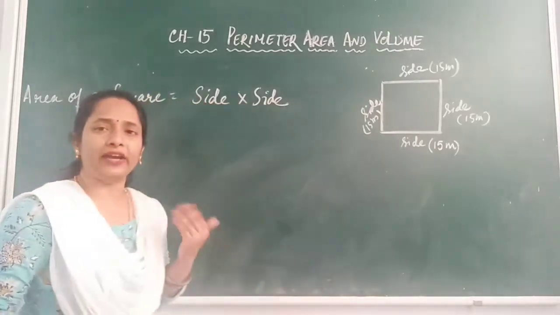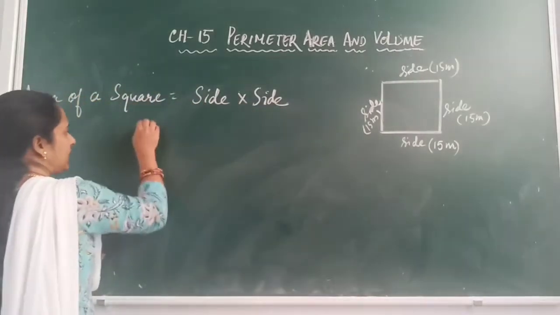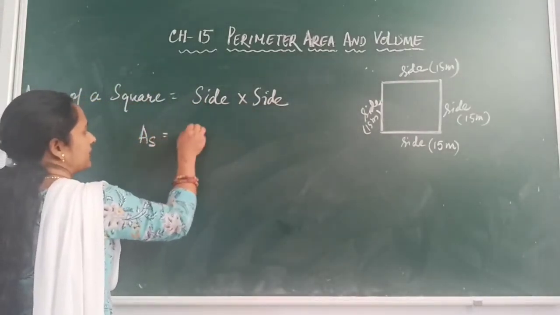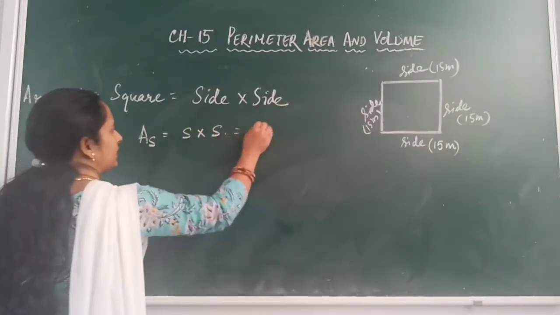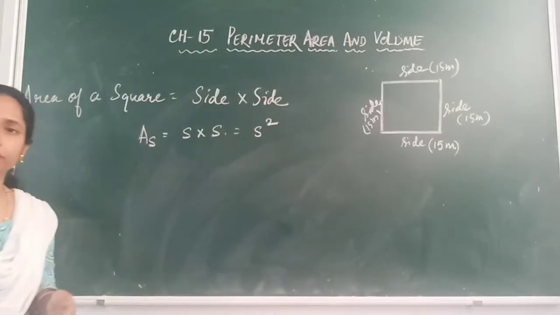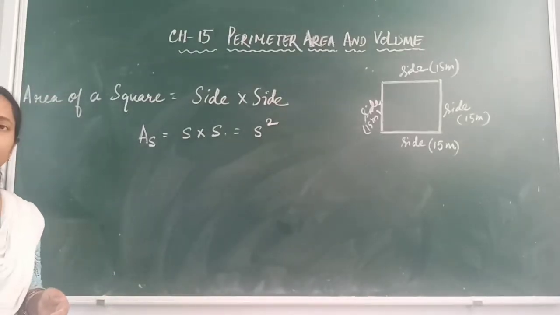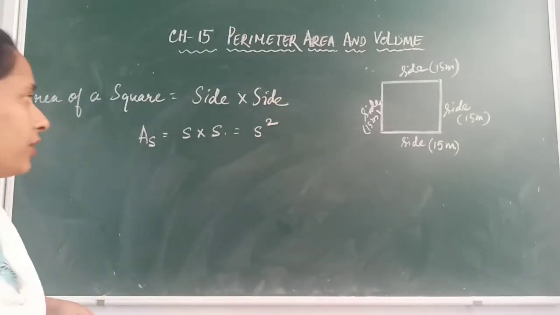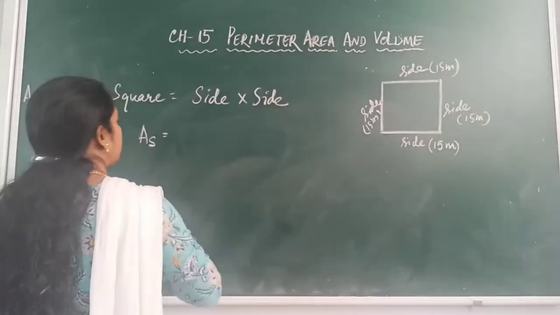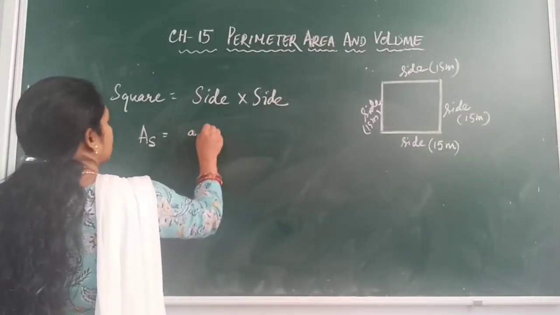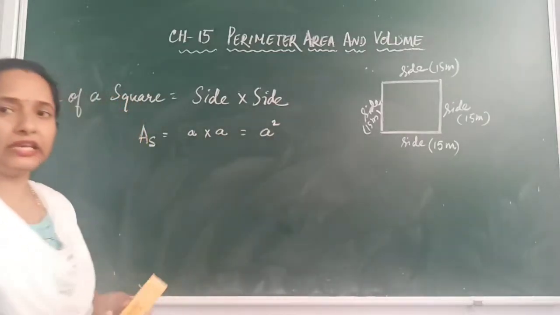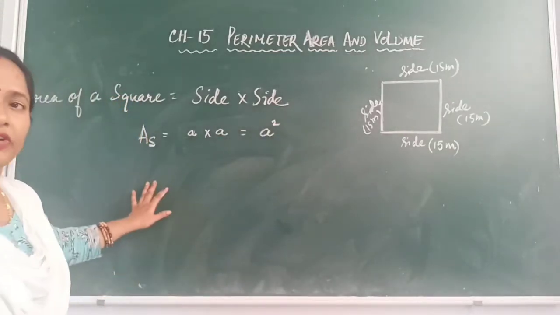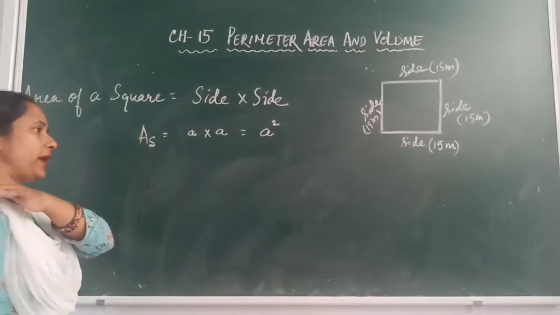Now if you want to find the area of this, what is the area formula? Area of a square is side into side, which can be written as side square, or you can represent it by small a. So a into a is a square. Area of a square is equal to a square.